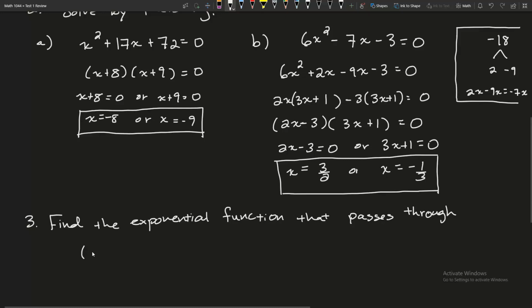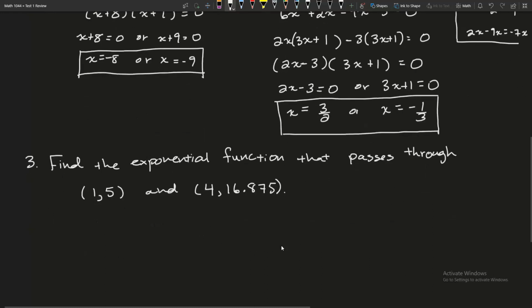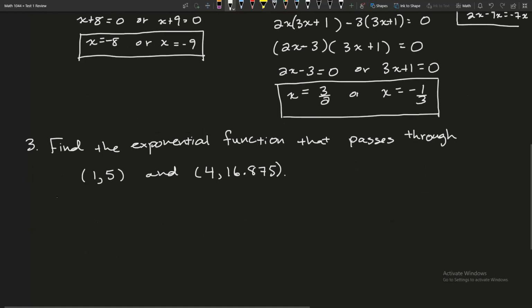So let's say (1, 5) and (4, 16.875). What we want to do here is remember the standard form of an exponential function is something like y equals ab to the t, and then plug in your coordinates.